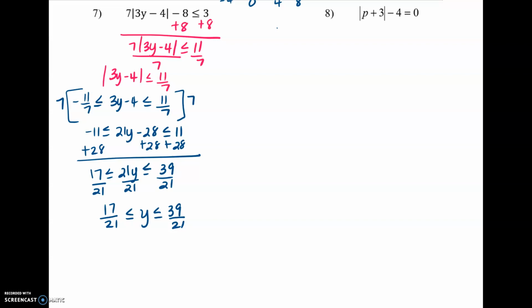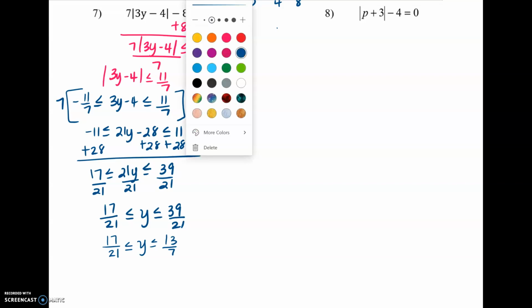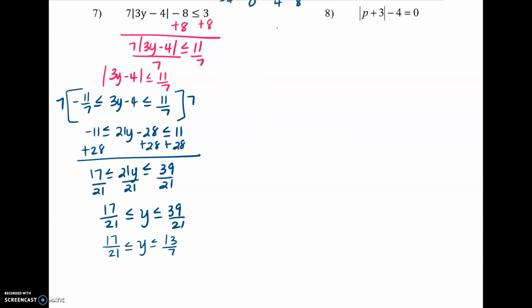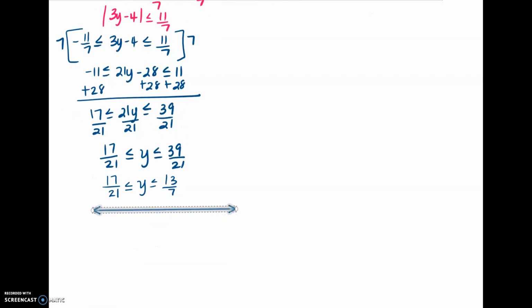And let's see, can we do any simplifying? It looks like 3 goes into 39 and 21, so that just might help us a little bit when we graph. So that becomes 13/7, and 13/7 is going to be just a little bit smaller than 2.